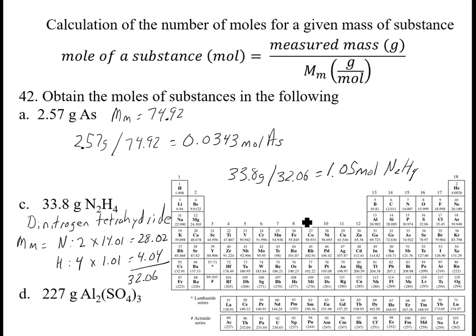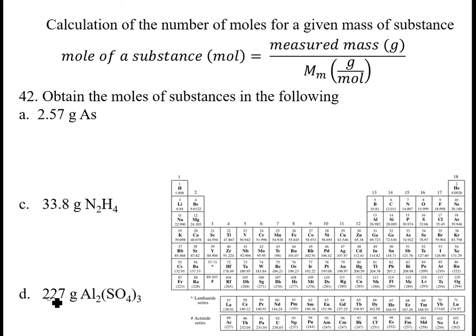Okay, and the last one is down here at the bottom, so I'm going to erase everything, and I'm doing D. So the molar mass, I have aluminum, which is 2 times the 26.98, is 53.96. I have sulfur.